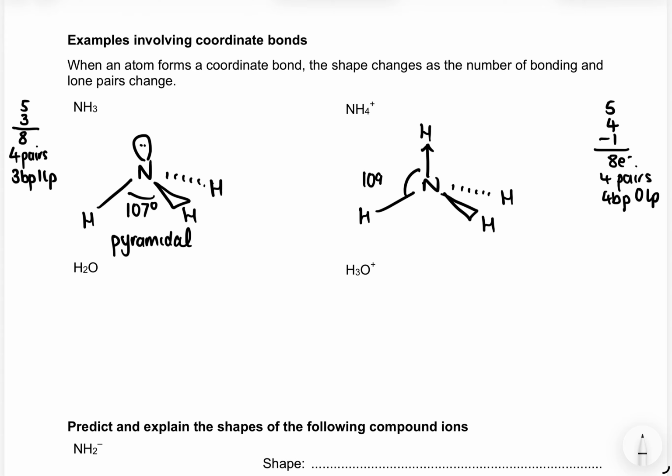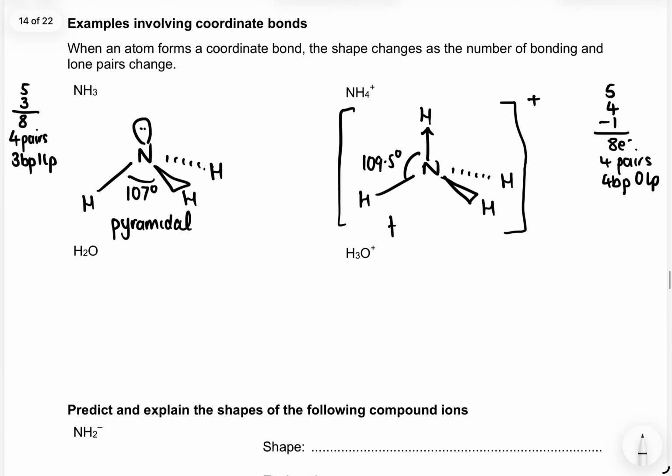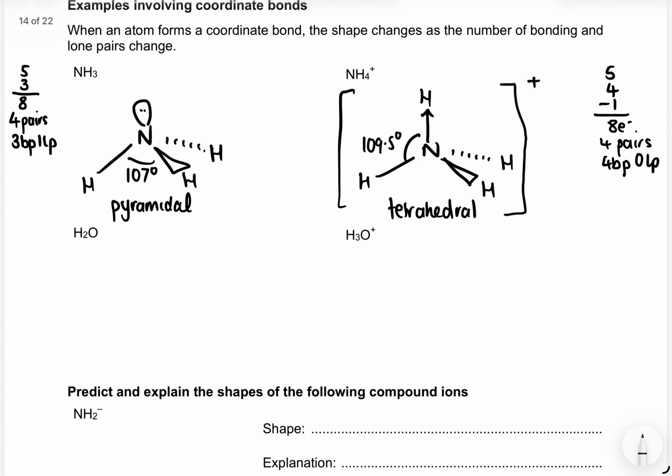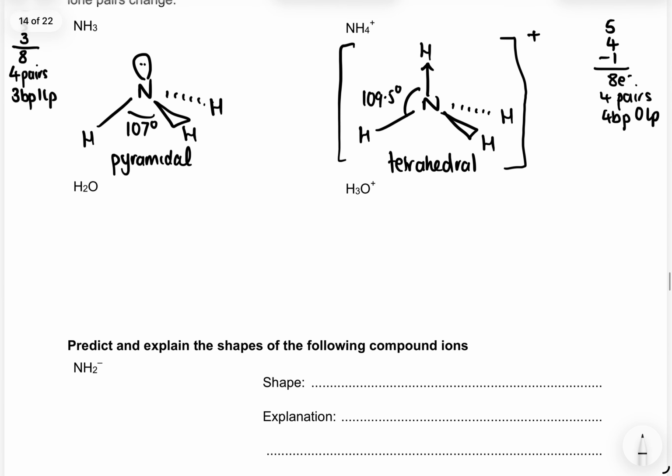No lone pairs now, so 109.5 degrees, no reducing by 2.5. So the bond angle increases to 109.5 because lone pairs repel more than the bond pairs do. So when the lone pair is removed, the bond angle loosens up a little bit, increases.